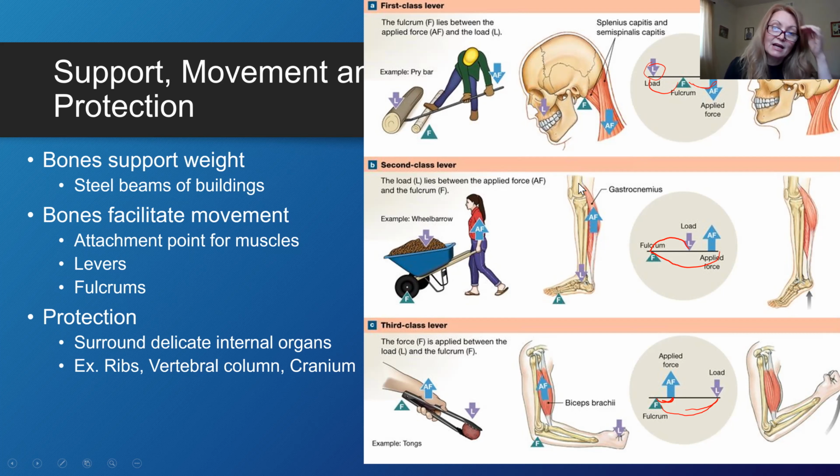How these muscles are attached compared to the fixed point gives you either strength or speed or both. And without this lever system, you really wouldn't be able to lift your body parts, right? They would be really heavy for you to lift.